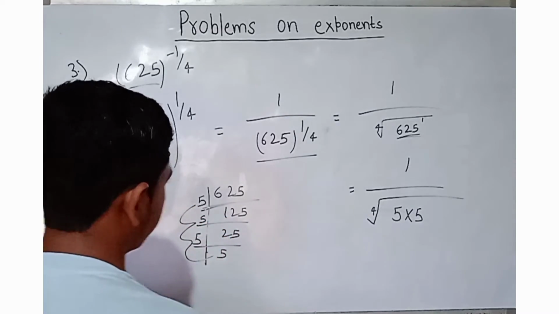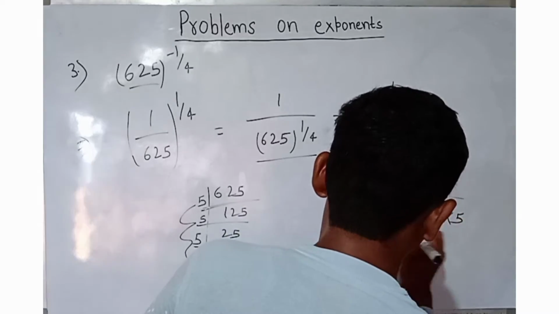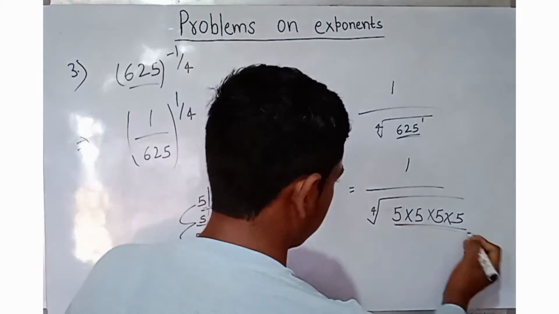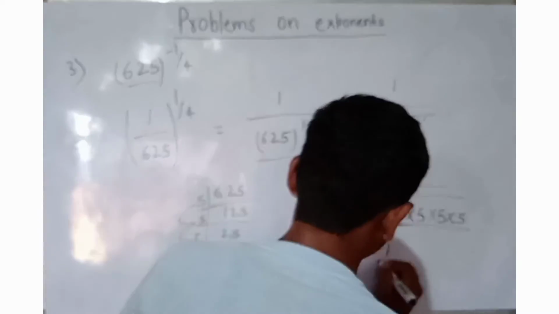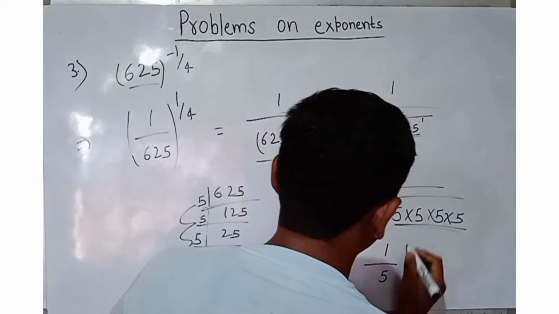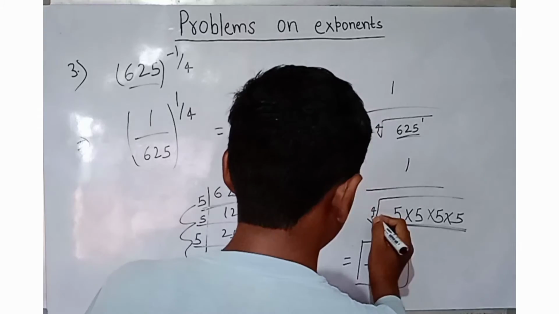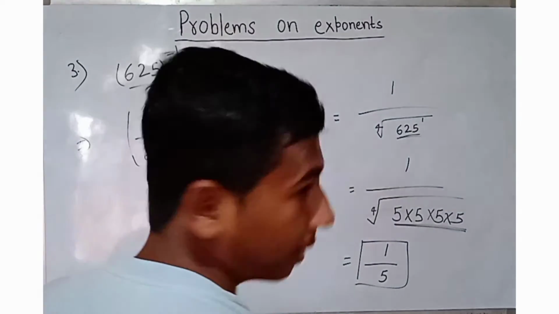As they are similar numbers, the similar number will come out, so it will be 1 by 5, the fourth root. So this was question number 3.